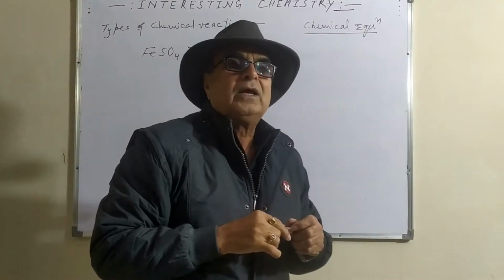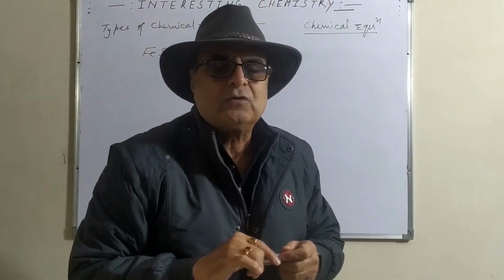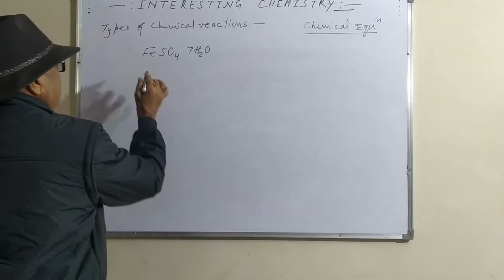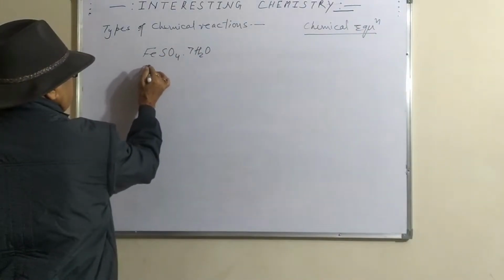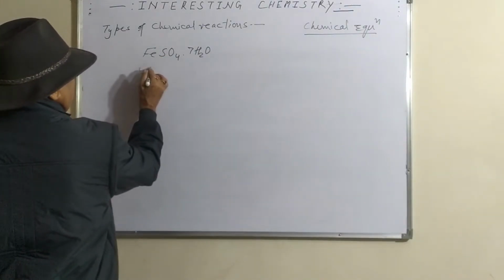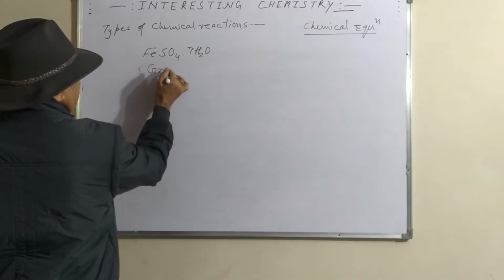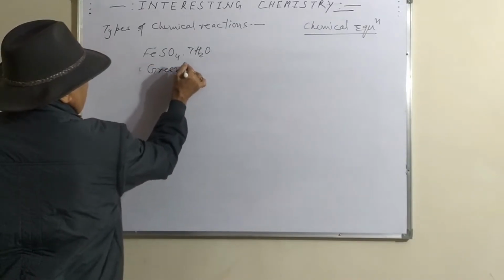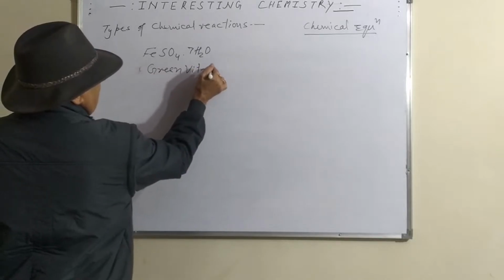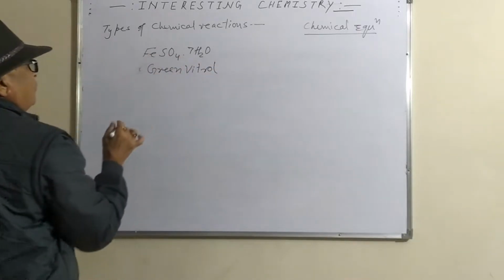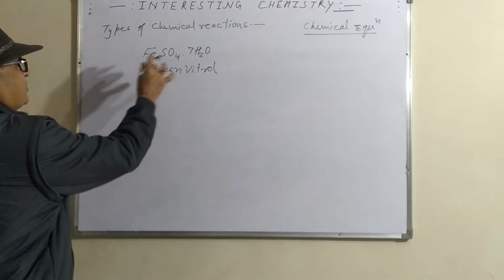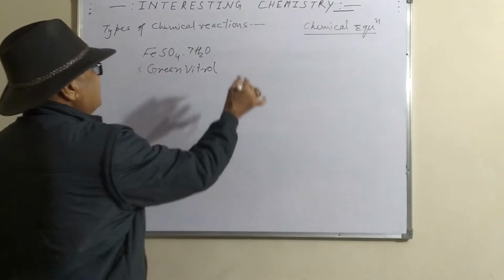This is called green vitriol. The common name of this ferrous sulfate is green vitriol. So it is the FeSO4, ferrous sulfate or crystalline ferrous sulfate.